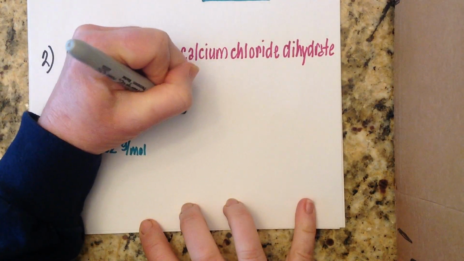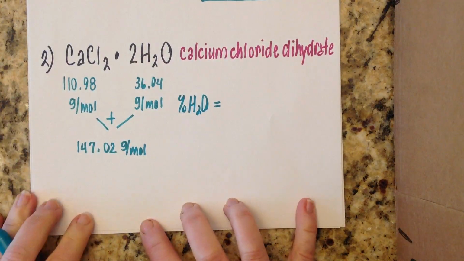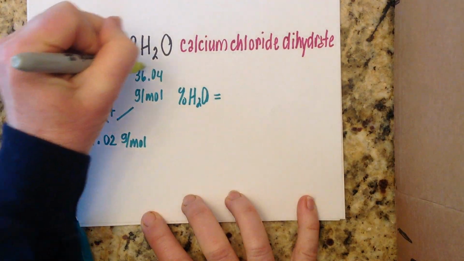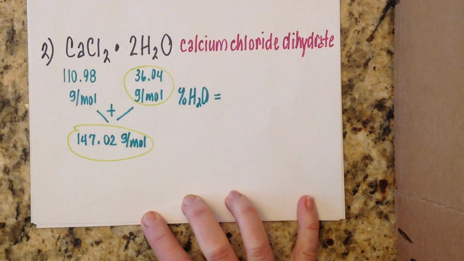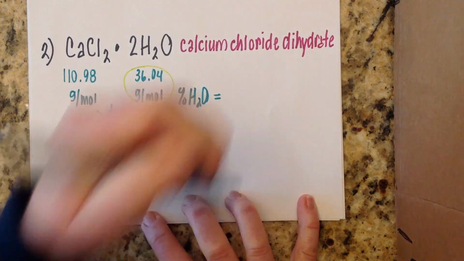So percent H2O equals, we are going to divide the total amount of water by the total hydrate. What they're asking us for by the total. That's a good way to think of it.